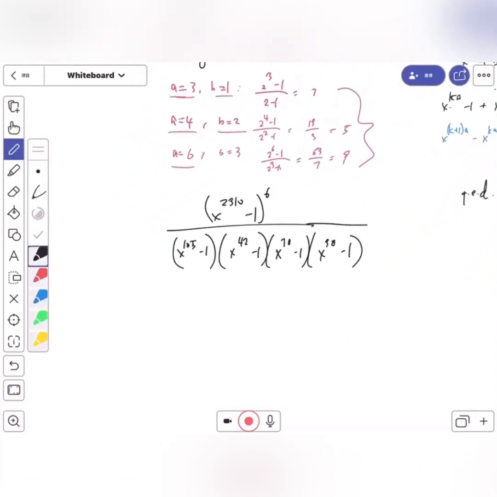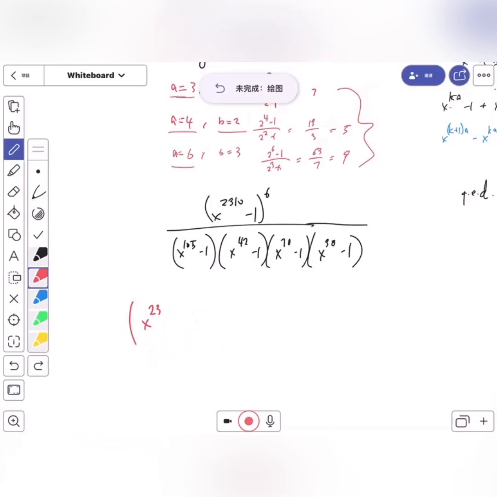So now we can just take 4 of x to the 2310th power minus 1. Then this one just essentially gives us this multiplied by these in the same fashion.